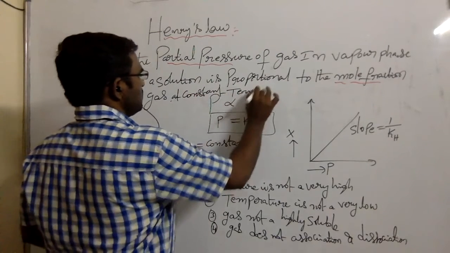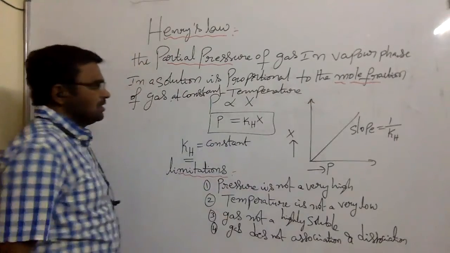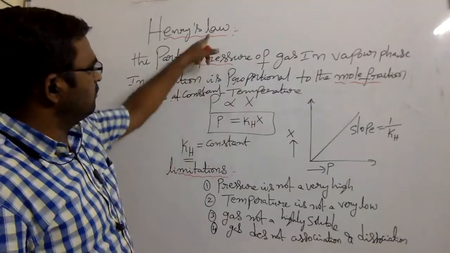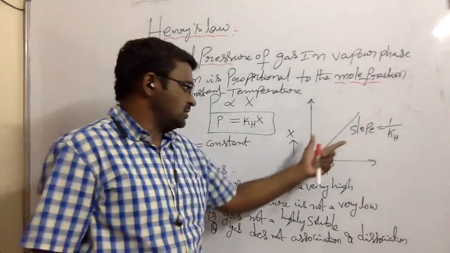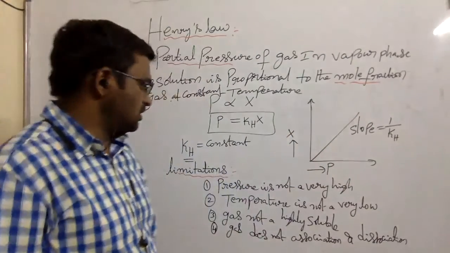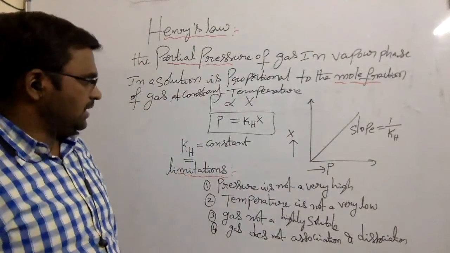This is the definition of Henry's law, and this is its formula. This is the graphical representation between mole fraction and partial pressure, and these four points are the limitations of Henry's law.